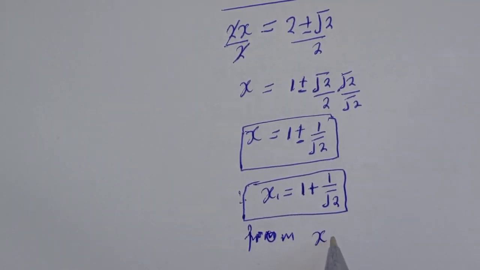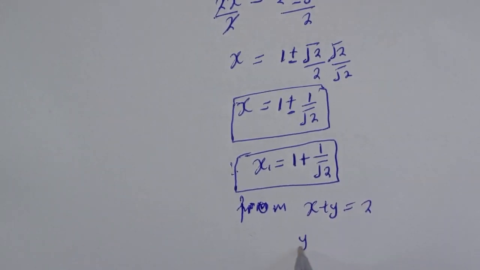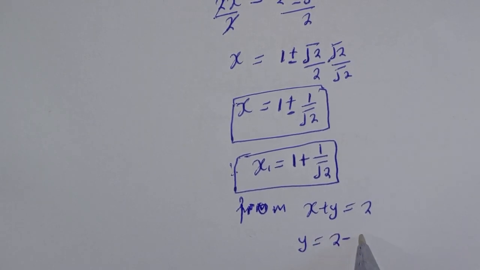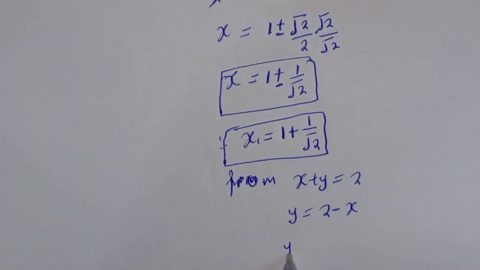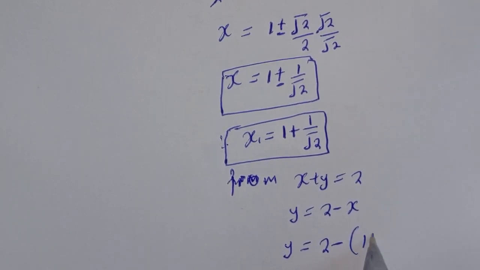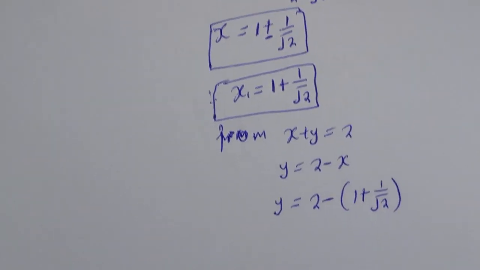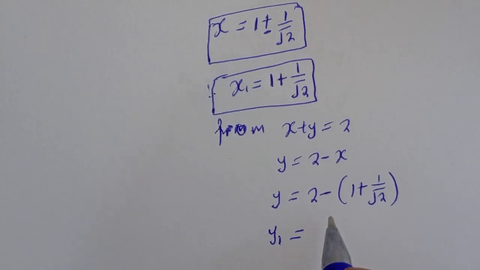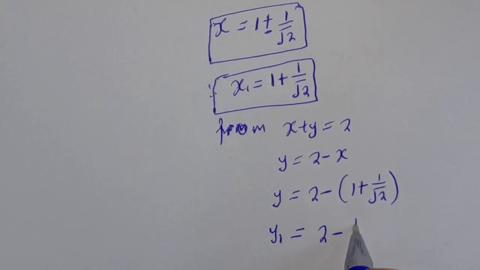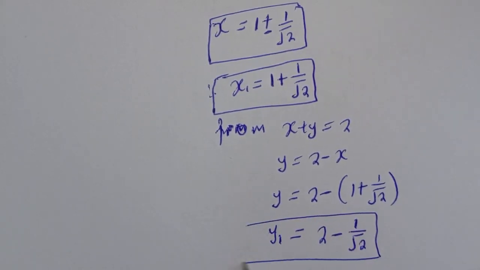From x plus y equal to 2, y is equal to 2 minus x, but x is this. y will be equal to 2 minus bracket 1 plus 1 over root 2. Therefore, y1 will be equal to 2 minus 1 over root 2.